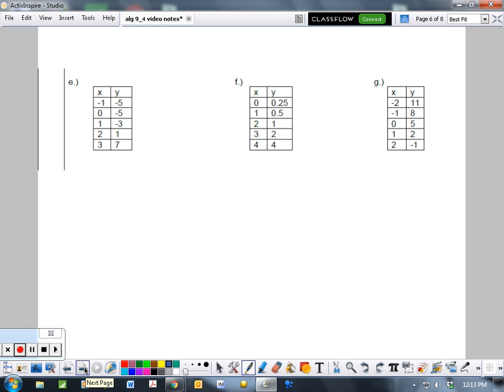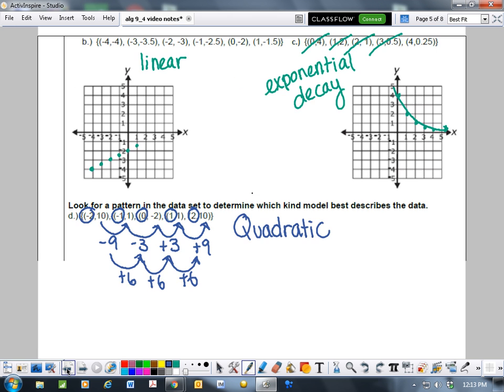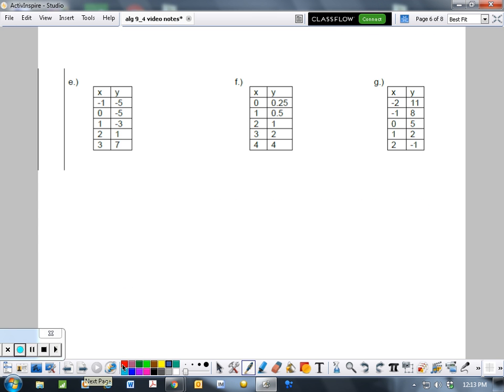Okay, so let's look at the next one. Let's see, common. We're good here. Now let's see what's happening here.